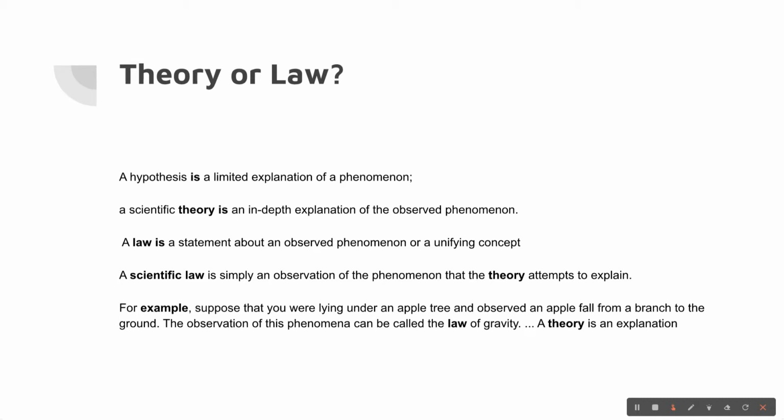So the theory explains the law, but the law is what motors the theory. For example, if you're lying under an apple tree and observe an apple falling from a branch to the ground, the observation of the phenomenon would be called the law of gravity. The theory is the explanation.